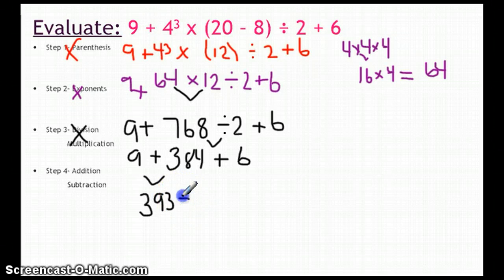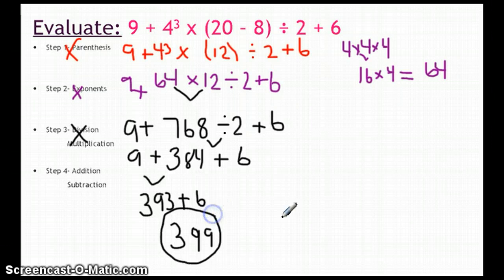Then we have to bring down our plus 6. When we take 393 and we add 6 to it, we get 399. So our final answer is 399. When we evaluate this expression, our final answer is equivalent to 399.